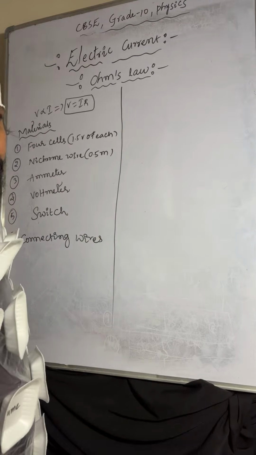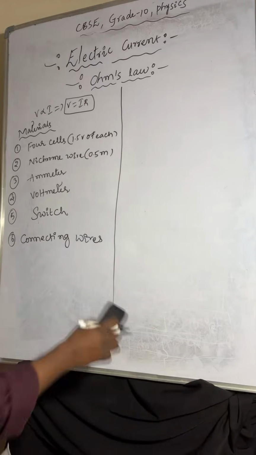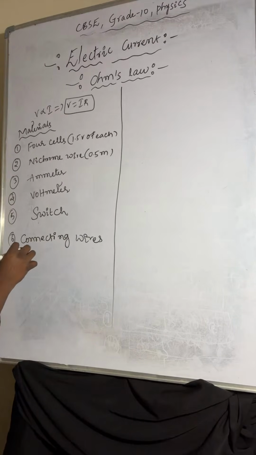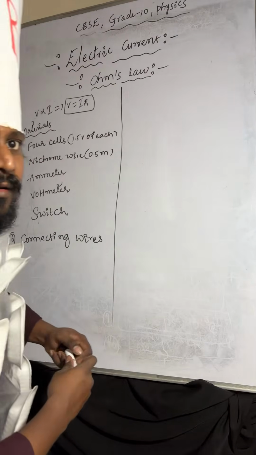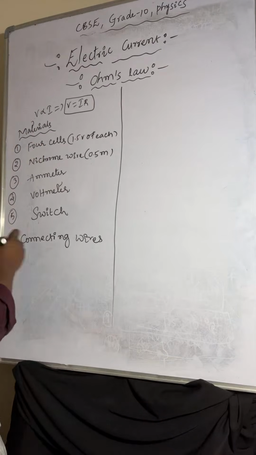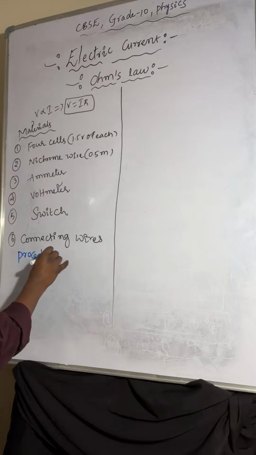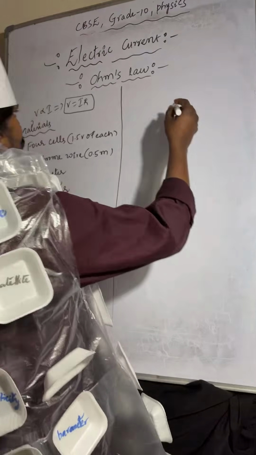So what you have to do, the procedure. Once again, observe what the things required are. First, connect one cell, and I'll draw the circuit diagram here.